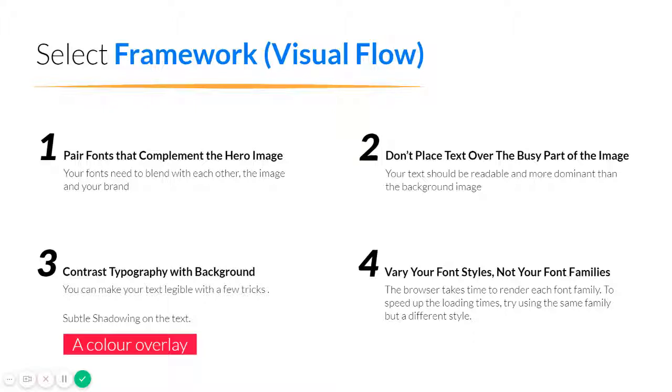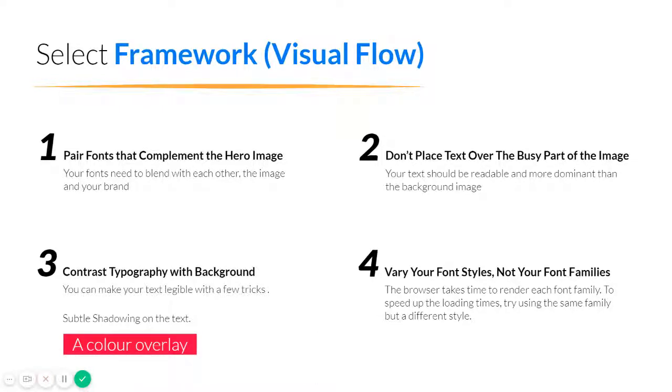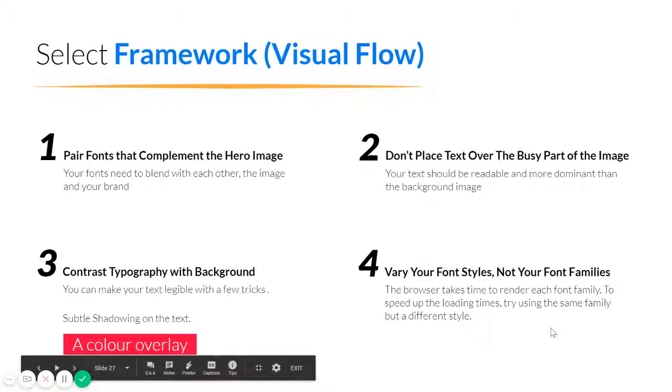Now, how you can contrast with typography is you can make your text legible with a few tricks. A subtle shadowing of your text can make it more visible because it adds a black layer behind the text. Also, you can add a color overlay like this that makes it very helpful to read. Also, you can vary your font style, not your font families.